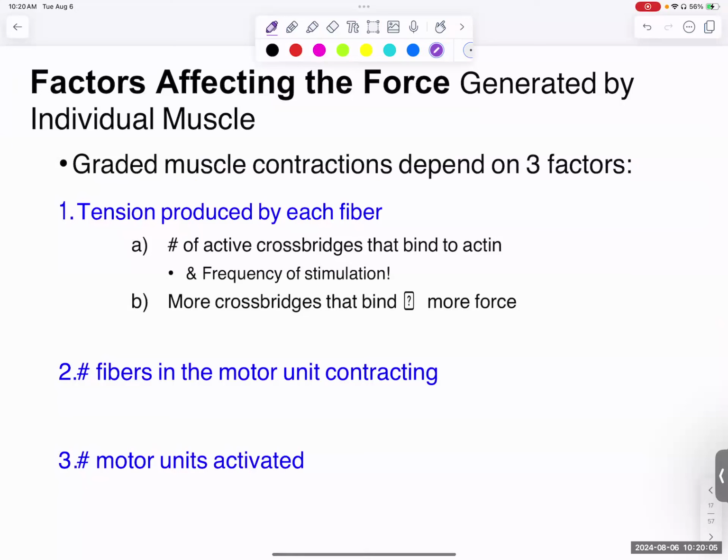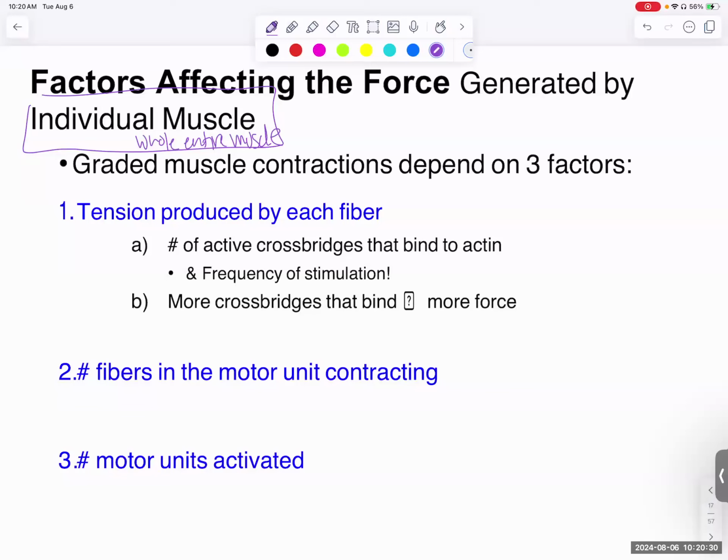So factors that affect the force generated by an individual muscle, right? I shouldn't have written that. Now we're talking a whole muscle. The whole entire muscle is going to be really determined by three factors.